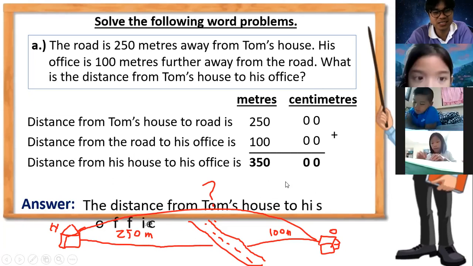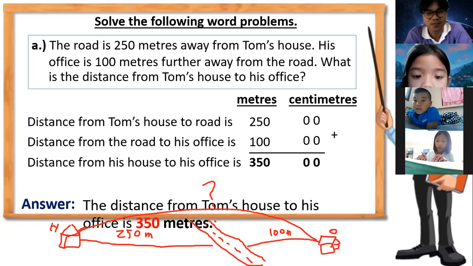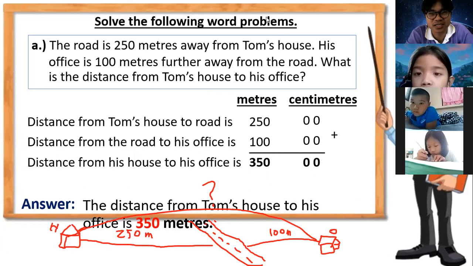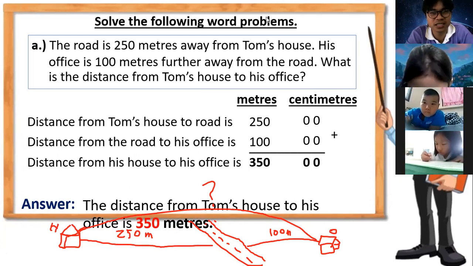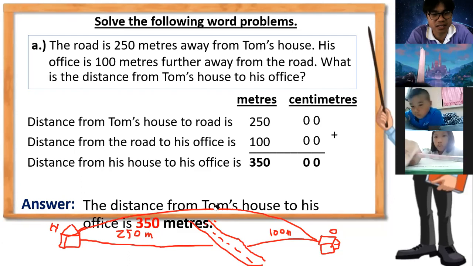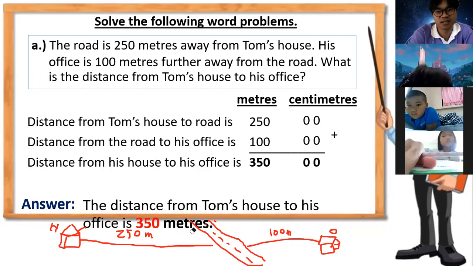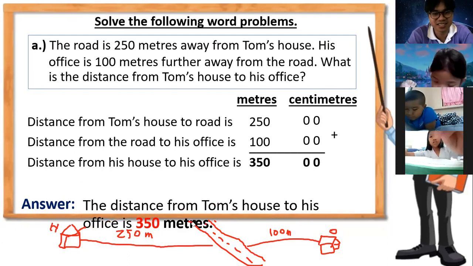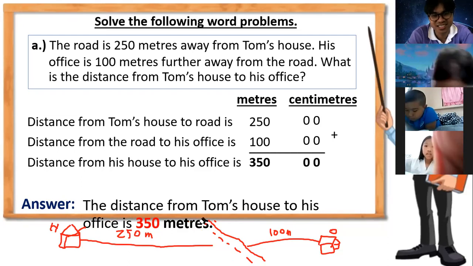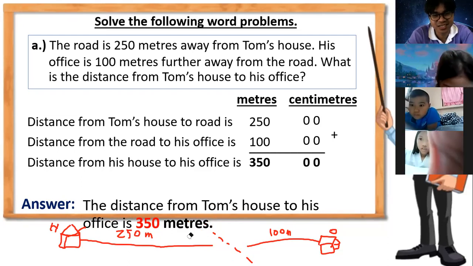Okay, let me erase this one. The distance from Tom's house to his office is 350. This is so easy. Very good, Nitsa.